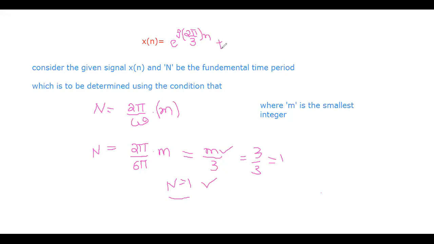This is the first one. Similarly, e power j 3 pi by 4 n.